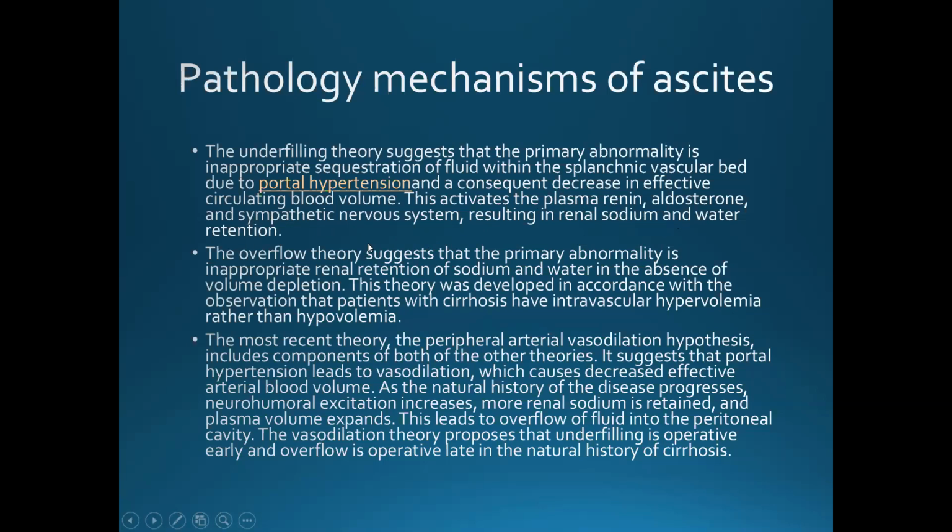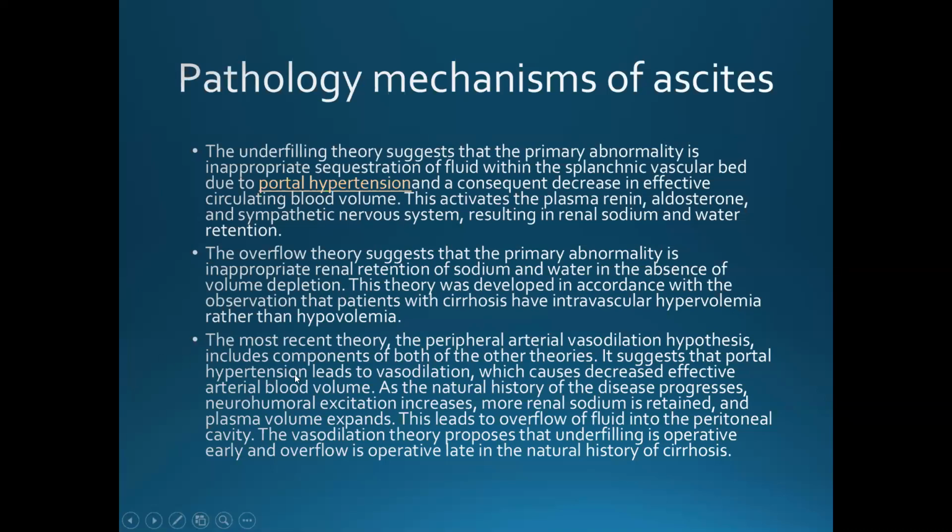The second one is the overflow theory. The overflow theory is exactly the opposite. It goes hand in hand with the observation that patients with cirrhosis have intravascular hypervolemia rather than hypovolemia. The primary abnormality is inappropriate renal retention of sodium and water in the absence of volume depletion.